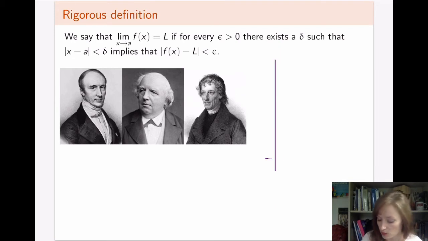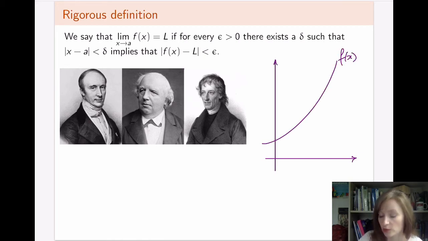So it's easiest to understand graphically. So if I have a little graph here of some function, I'm not going to give you the actual function. I'm not interested in the definition itself. What this is saying is, if I have this a, some value for x that I'm trying to approach, and my eventual limit, so let's say this function is nice and smooth, so my eventual limit is here, L. What this is saying is, we can play the following game.